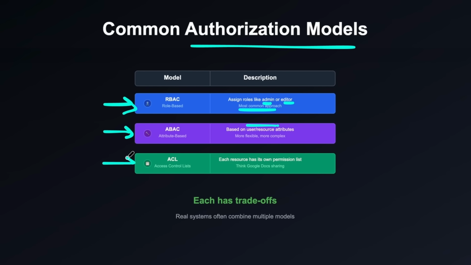And the other common approach is to have access control lists, ACL, and each resource here has its own permissions list. So you can assign permission lists to a resource, and this is what will determine who can access it. For example, this is a common way of managing Google Docs, and we will look at this in more detail now. Each of these models has its trade-offs, pros and cons. So this depends on the specific system requirements, but real systems often combine multiple models together to have a more complex and more secure setup.